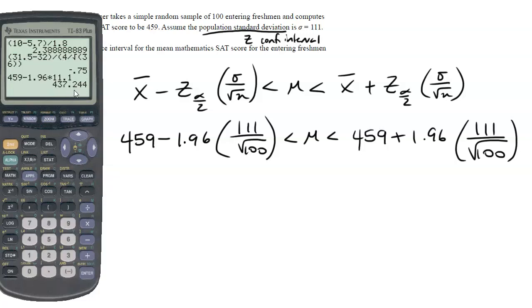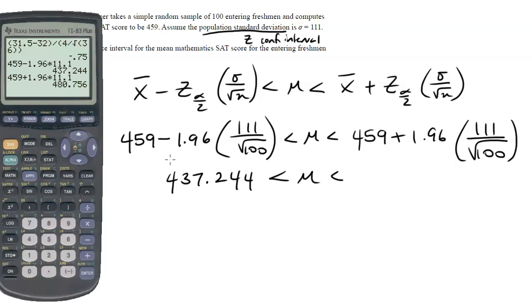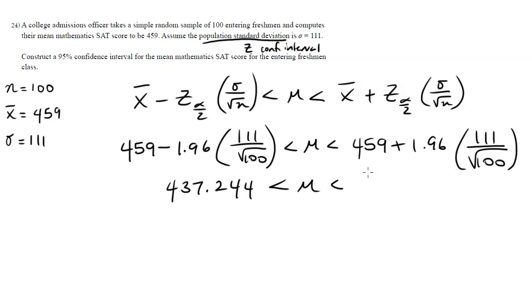So 437.244, and let's do second enter and change that to plus. So 437.244. The other is 480.756.